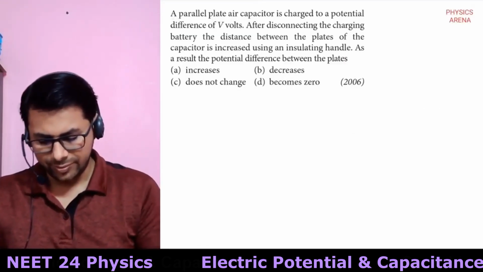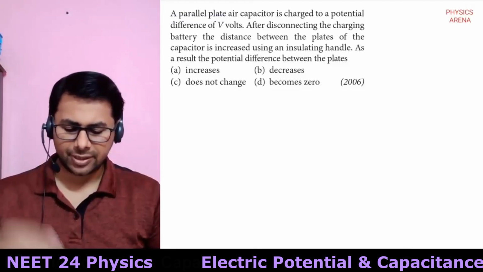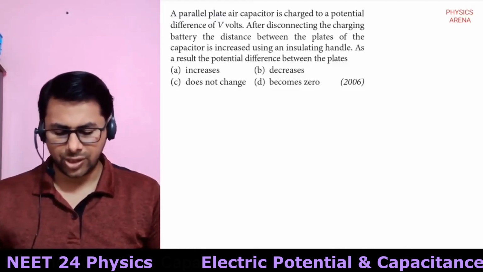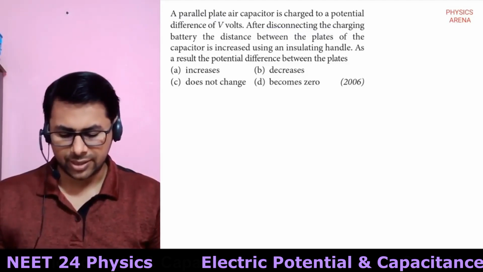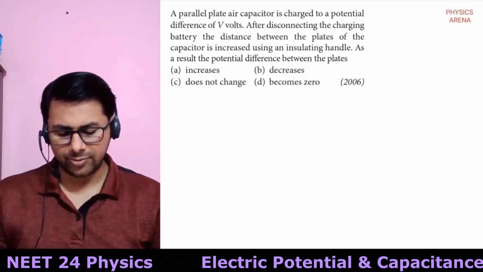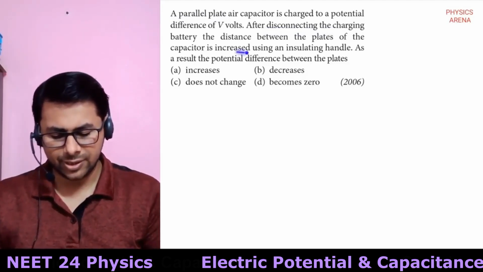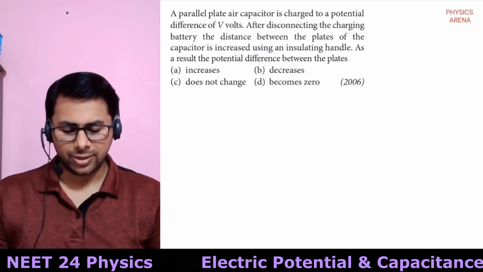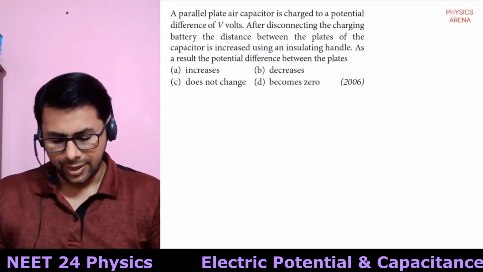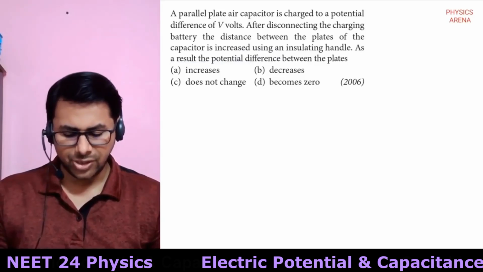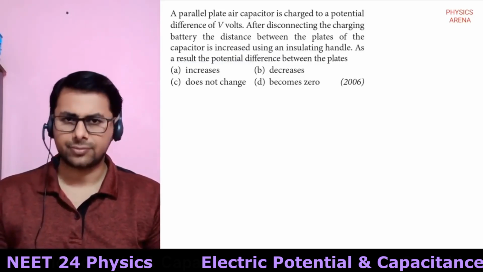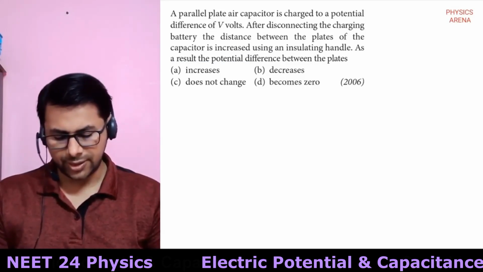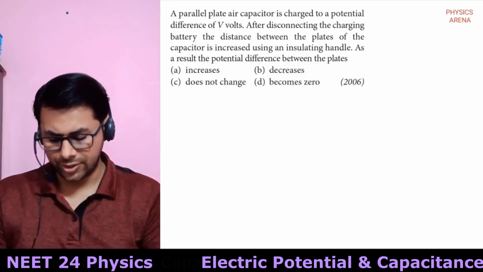All right, next one. A parallel plate capacitor is charged to a potential difference of 4 volts. After disconnecting the charging battery, the distance between the plates of the capacitor is increased using an insulating handle. As a result, the potential difference between the plates: increases, decreases, or does not change?